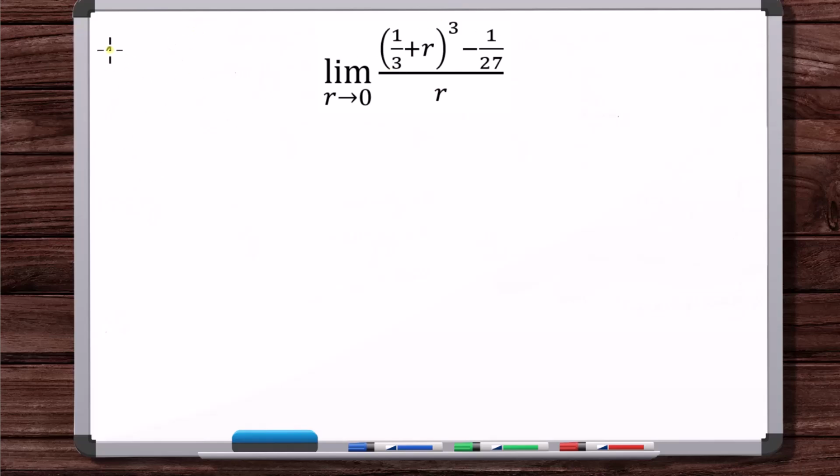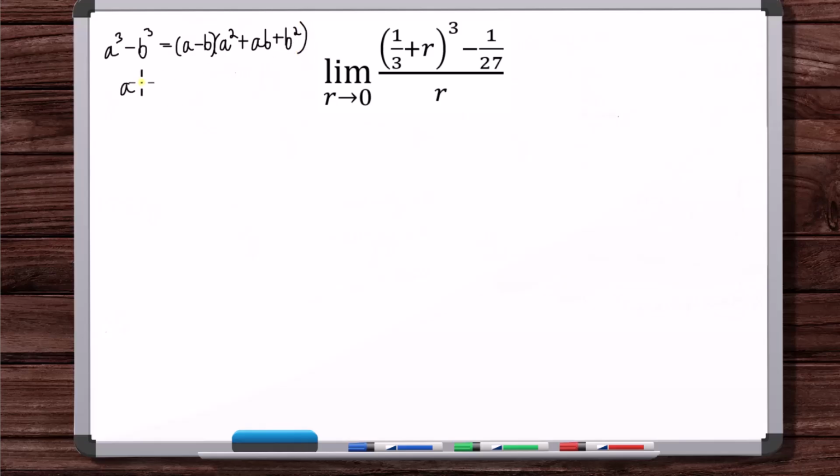So we know that a cubed minus b cubed is equal to a minus b, times a squared plus ab plus b squared.